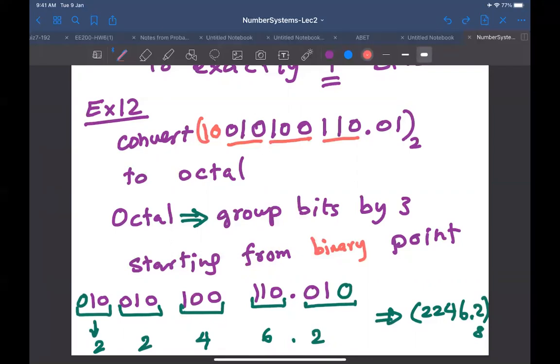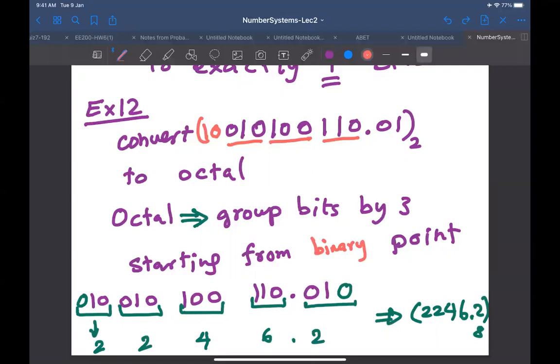So if it was just 1, then you add 2 zeros to the left, because they don't change the value. It is still 001 or 01 or 1, the same value. However, this is 3 bits and this is 2 bits and this is 1 bit.